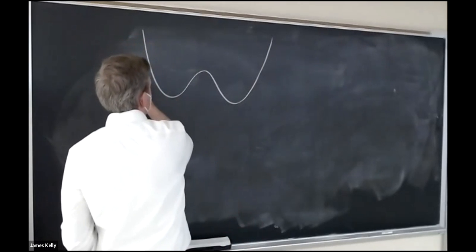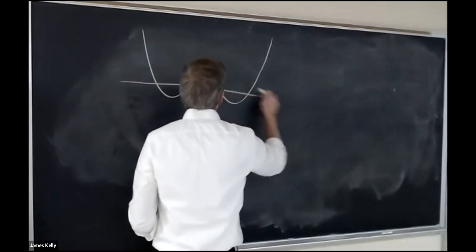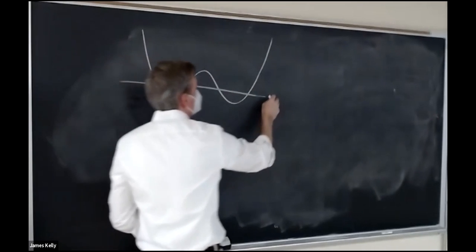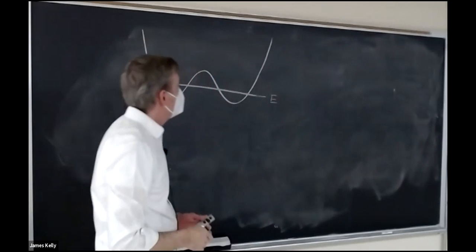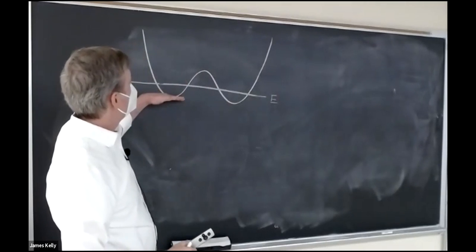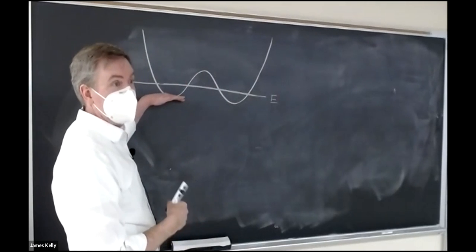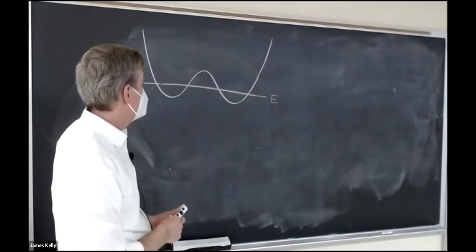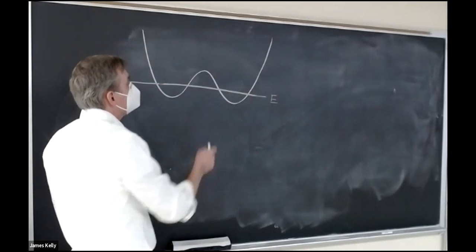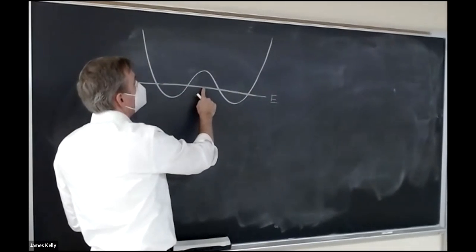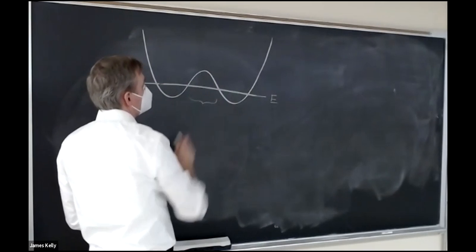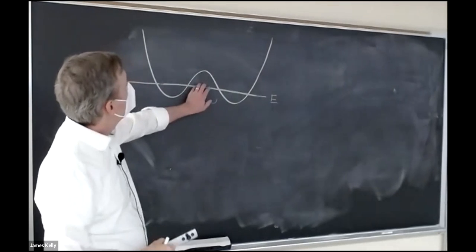And let's consider a state. If this is sufficiently tall, there's going to be a ground state that is certainly above the minimum of the potential energy. So it seems like an allowed ground state for this. But in this region right here, that's the classically forbidden region.